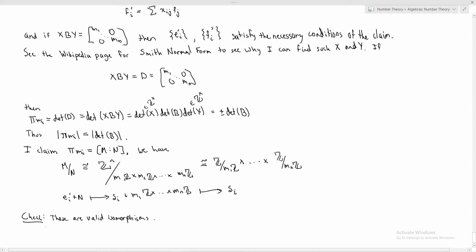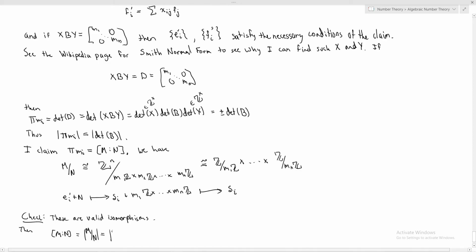And then what do we see? Well, the index of N in M is the size of the quotient. All these isomorphisms are going to preserve this size.